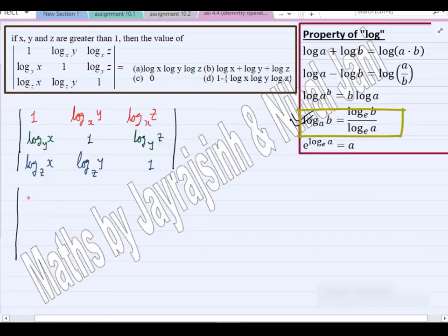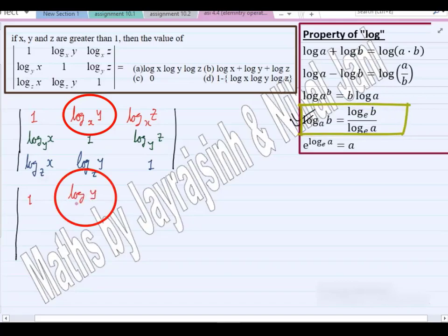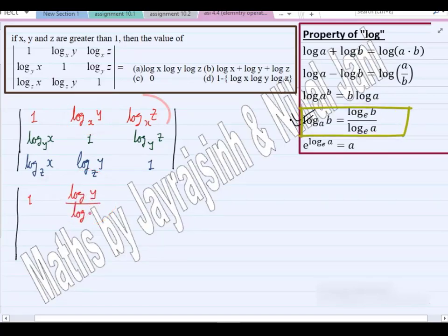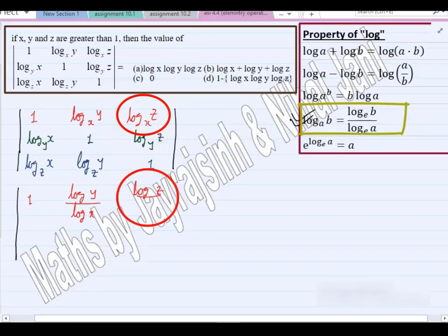So our first row will be 1 as it is, log y base x can be rewritten as log y upon log x. Then log z base x can be rewritten as log z upon log x.